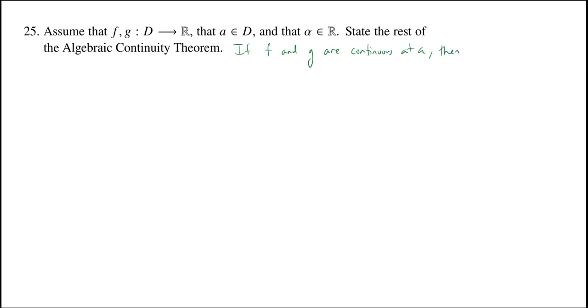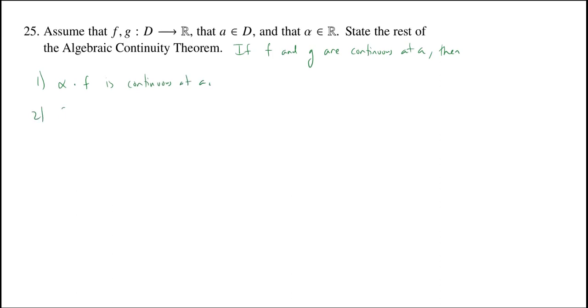Okay. Now, what are the things? Well, we had these things that kept popping up all over the place. First one is some sort of homogeneity property. If I multiply the function f by the scalar alpha, it remains continuous at a.